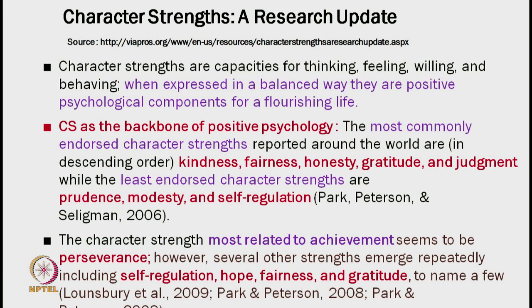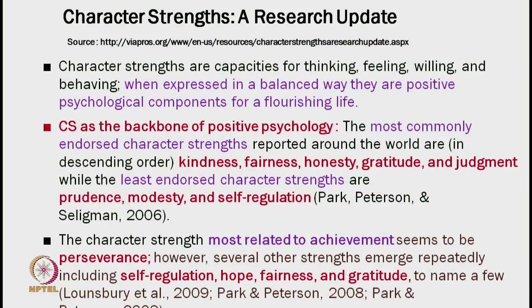If we have persistence in perseverance as well as in interest, then we are more successful, we have a higher level of achievement in our life. So, that is the hallmark of achievement and success. On the other hand, along with perseverance, some other character strengths like self-regulation, hope, fairness and gratitude also contribute to a higher level of achievement as stated by these scholars.